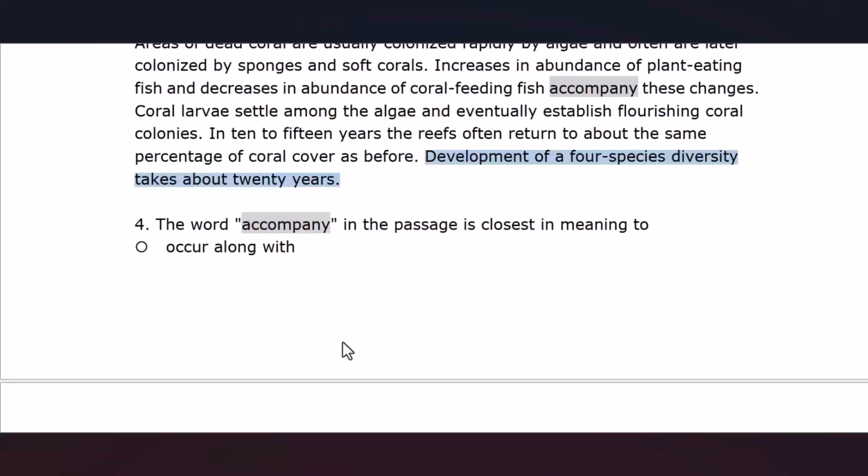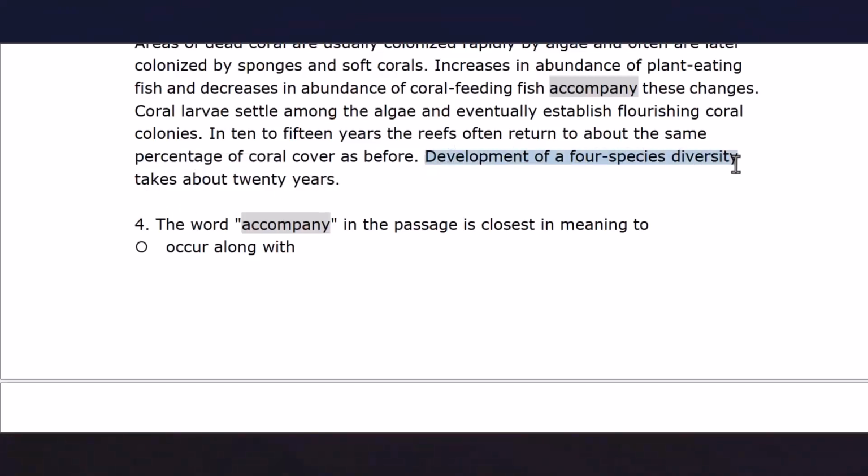The last sentence: development of a forest species diversity takes about 20 years. Here, take is the main verb, and it actually talks about taking time, but what takes about 20 years? Development. Development of what?